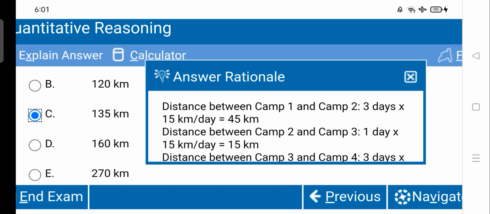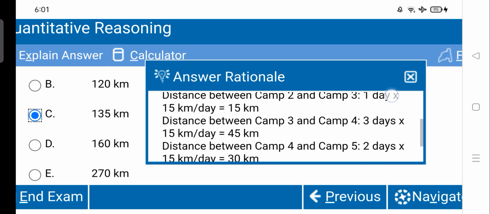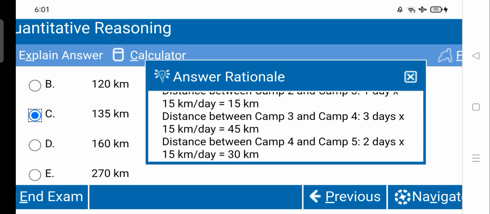is 3 days multiplied by 15 km per day equals 45 km. Distance between camp 2 and camp 3, we have 1 day multiplied by 15 kilometers equals 15 km. Distance between camp 3 and camp 4, 3 days multiplied by 15 km per day equals 45 km.